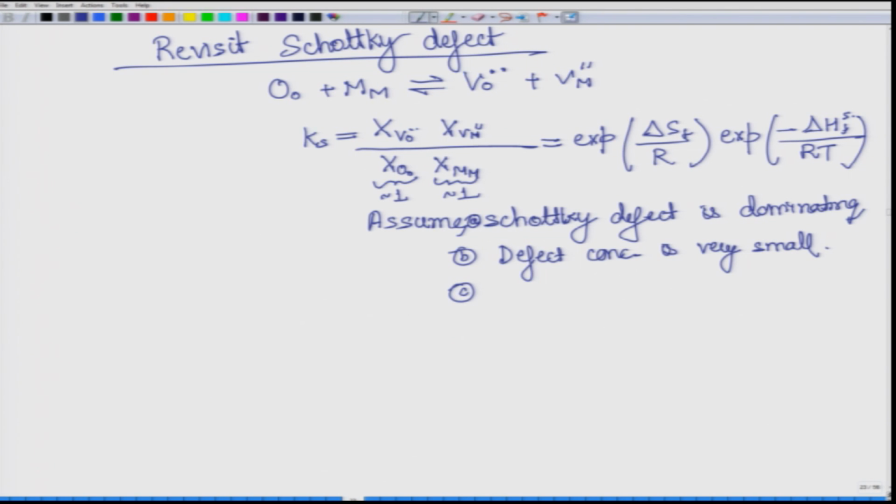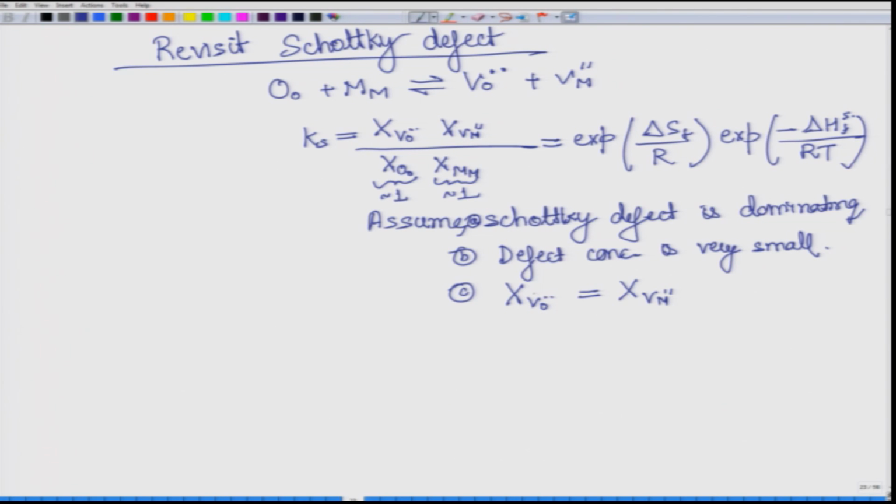Another condition, which is not really an assumption but a derivation from this, is that when all these conditions are true, xVO, actually the number of vacancies, is also equal to xVM. This is derived from the fact that the number of vacancies at the oxygen site is equal to the number of vacancies at the metal site.